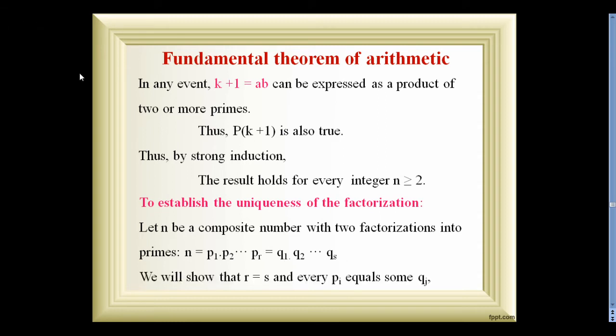Now we will show that r equals s, and every pi equals some qj. Here we have expressed n as a product of primes, and here also we have expressed it as a product of primes.